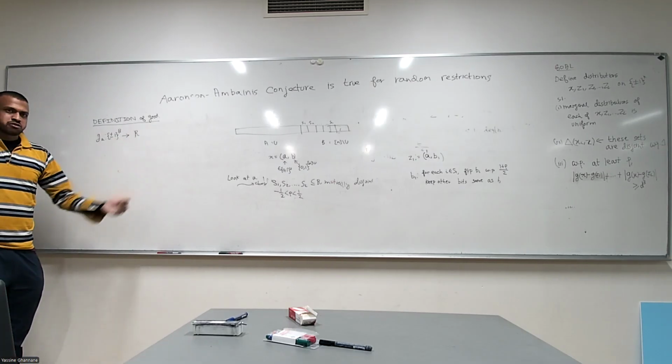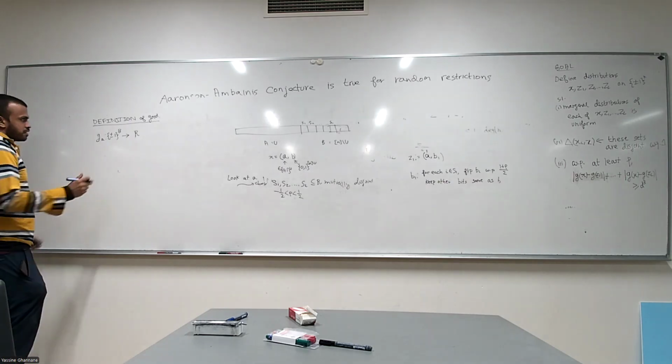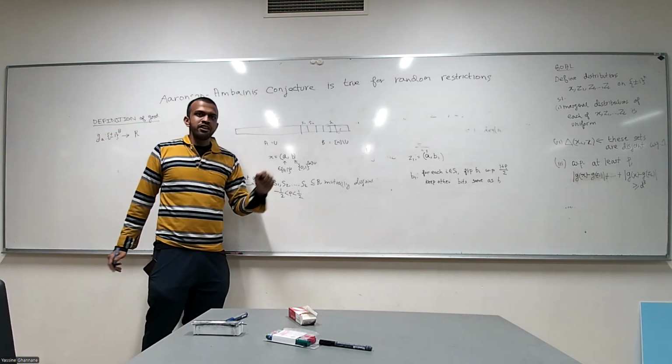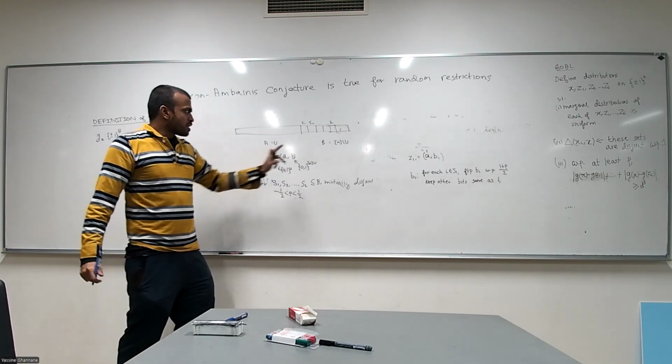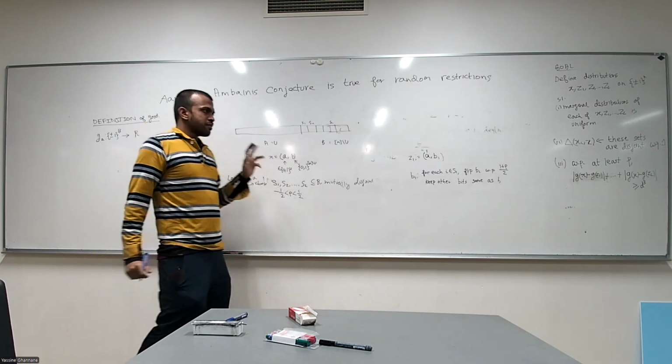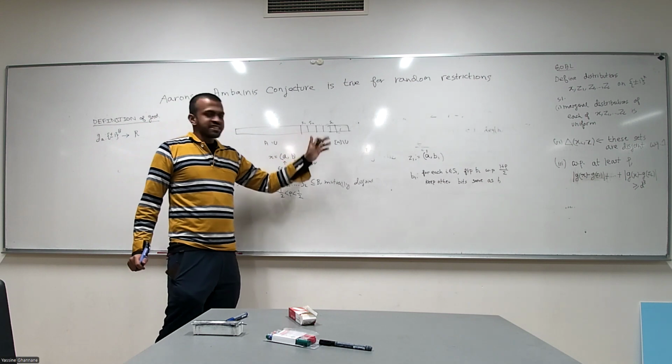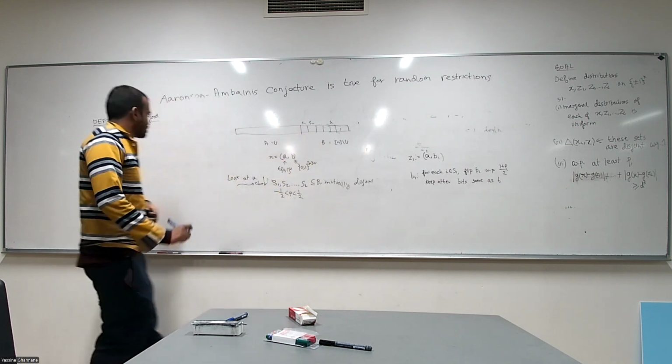So, we look at these restricted functions and we classify coordinates according to heavy or light. Now, we call a coordinate in I heavy if the Fourier coefficient of I in this restricted function is large.